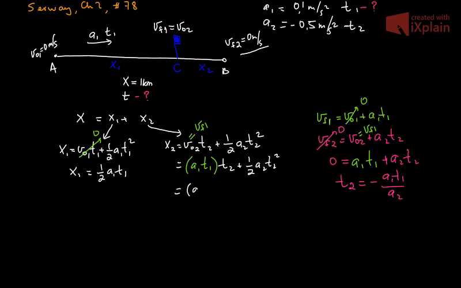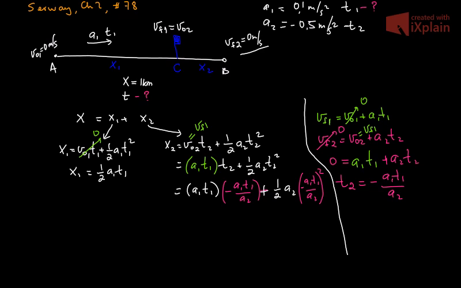So we have a1 t1, and now plug in t2: negative a1 t1 over a2, plus 1/2 a2 times negative a1 t1 over a2, squared. Let me make a line here so we won't get confused. Let's continue simplifying.